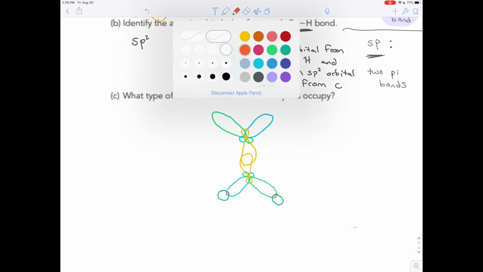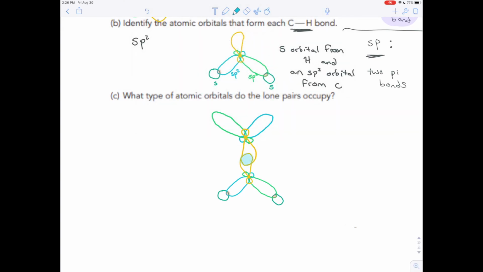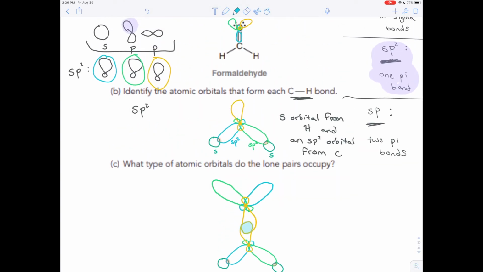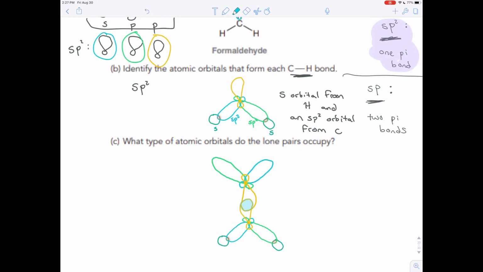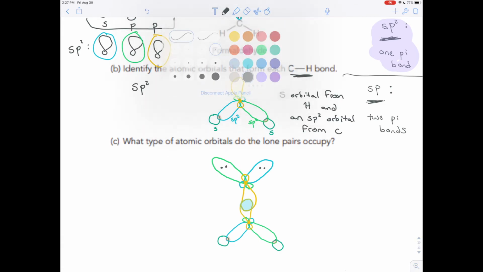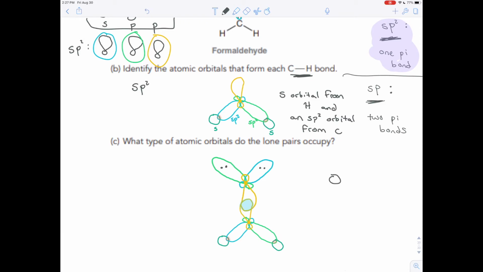So this overlap here is the sigma bond, the first bond that we formed between the carbon and the oxygen. And then the lone pairs, each lone pair would exist in an sp2 hybridized orbital. And so that is what we've got. So we've got oxygen here at the top. We've drawn the sigma bond between the oxygen and the carbon, which we have at this lobe there.